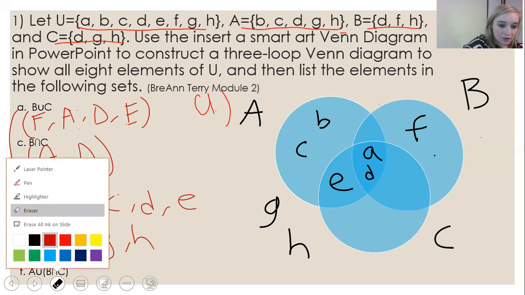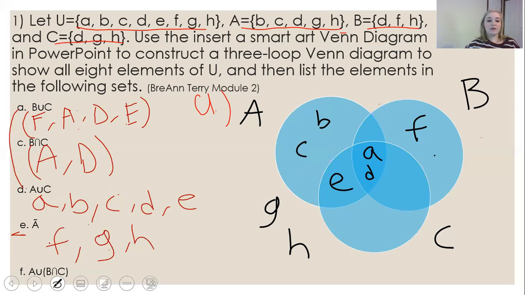What we're going to do here is A union, in parentheses, B intersection C. Now this seems kind of confusing at first, but when we think about some of the rules in math, we know that the parentheses are what we always do first. So if we just start with the parentheses, this will make this problem a lot easier.